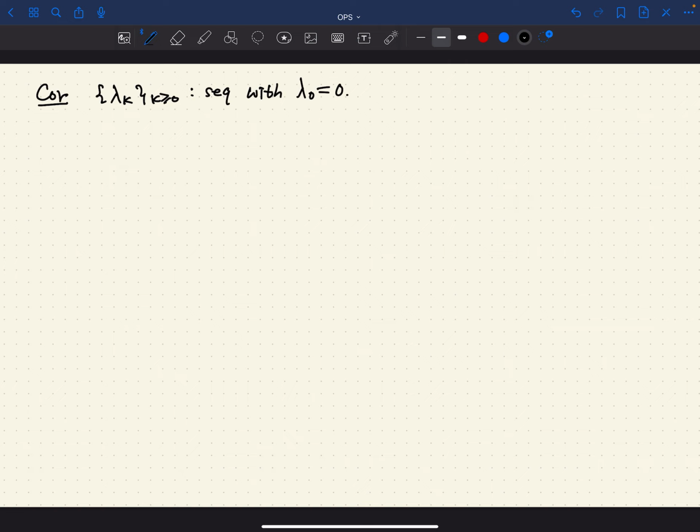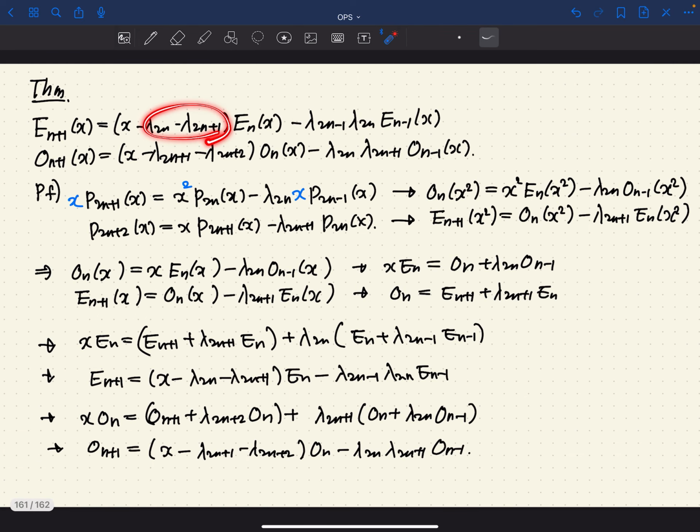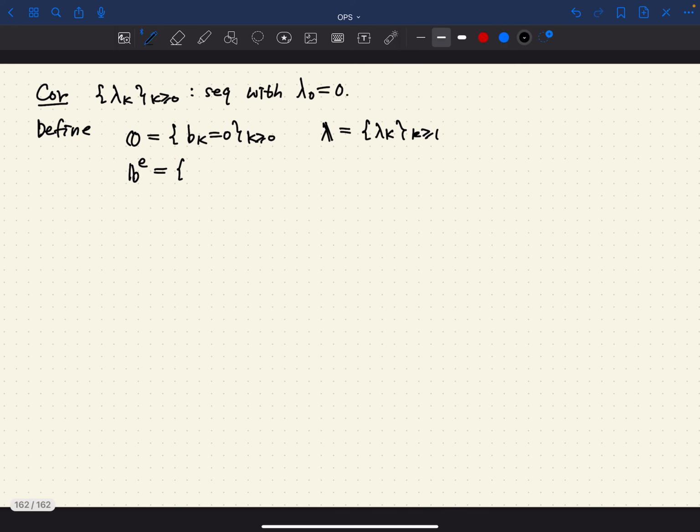Then we're going to define sequences. Let boldface O be a sequence of b_k. So this is basically a sequence of zeros. The boldface O means a sequence of zeros. And boldface lambda equals lambda k, k greater than or equal to 1. And boldface B superscript E is the sequence that we have here. So this is going to be B^E, lambda^E, B^O, lambda^O. That's what I'm going to write.